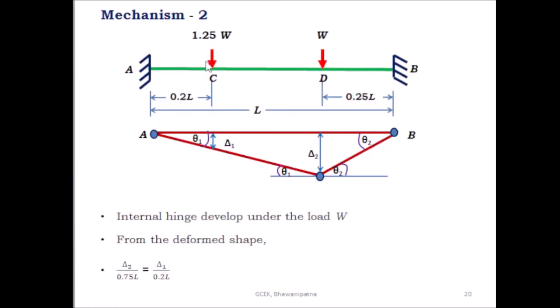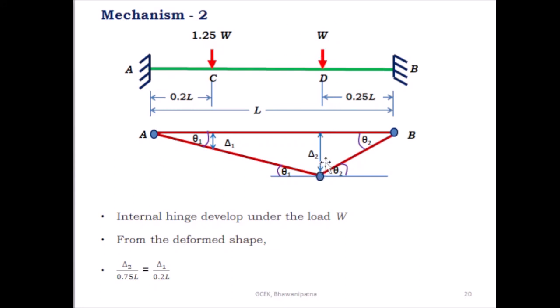Here the load 1.25 WC is present and here is the virtual displacement. So what is the external work done by this load? 1.25 WC into delta 1. And what is the external work done due to this load? WC into delta 2.